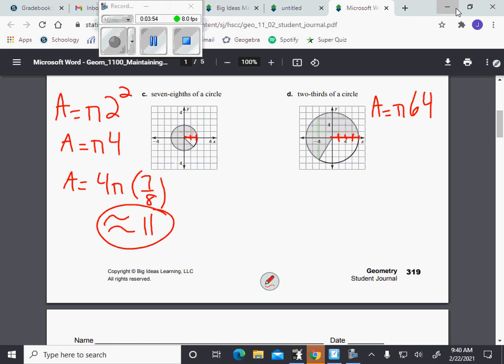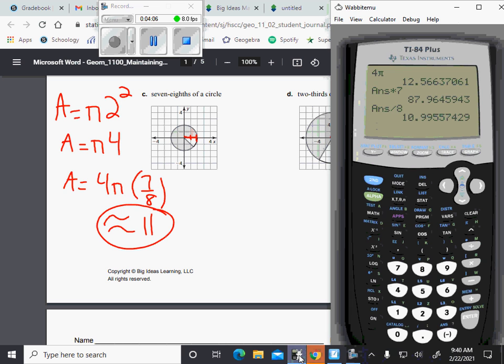We want 2/3 of that, so the area of that shaded region is 64 pi times 2/3. That's 64 times pi times 2 divided by 3. You'll get about 134.